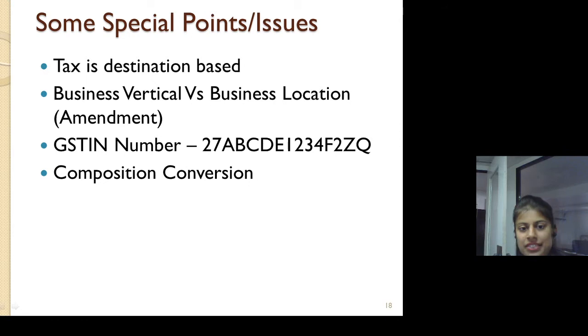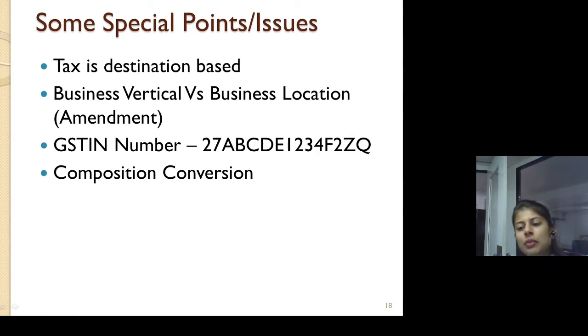So if you want to take the composition scheme for ease of compliance under GST, then you have to take it before the start of the year. For example, if I had to take it for 2021, I had to take it before 31st March. However, due to the current COVID situation, this has been extended and you can take it till June.